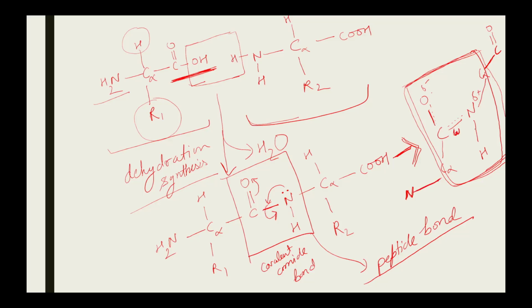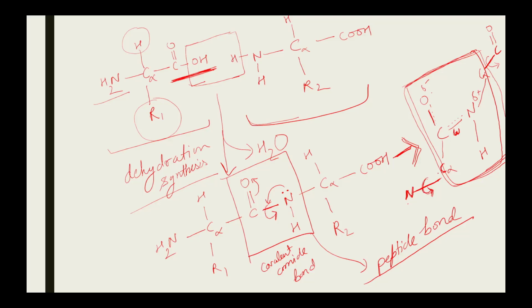This omega bond has restricted movement, but the bonds between the C alpha and the N, and the C alpha and the C carbon, are pure single bonds. So the movement around these two bonds is not restricted.